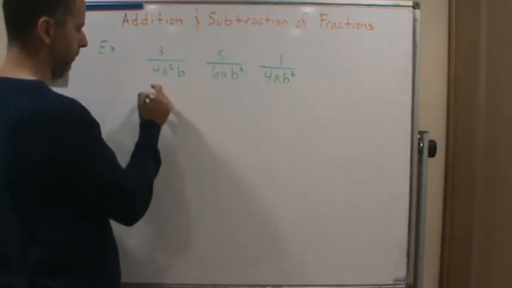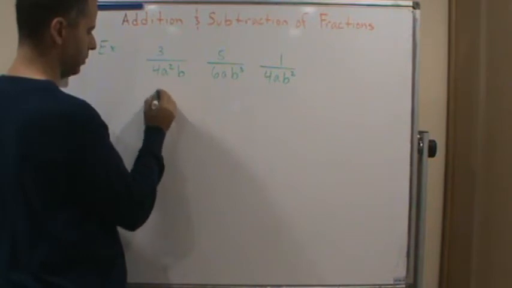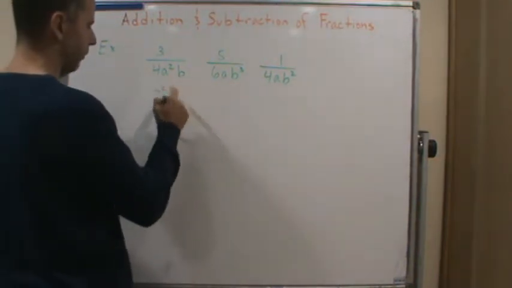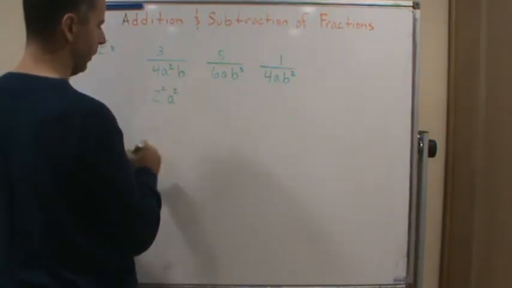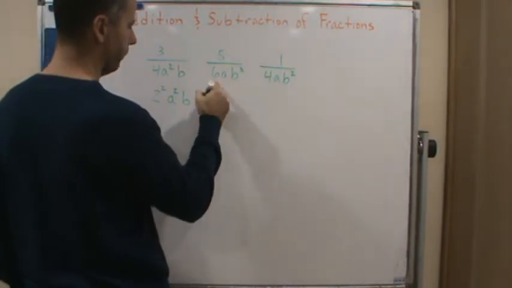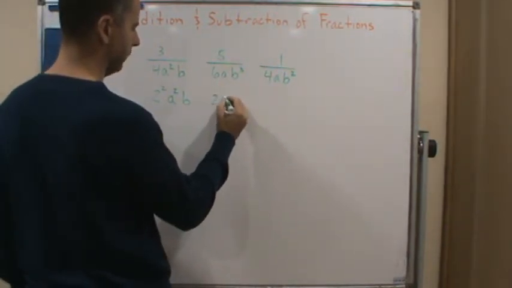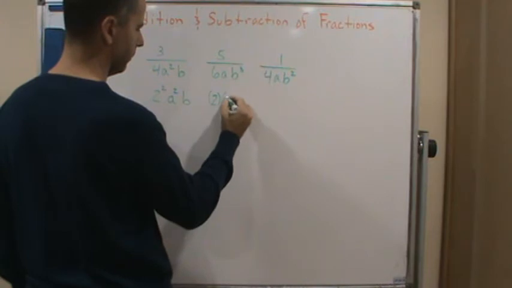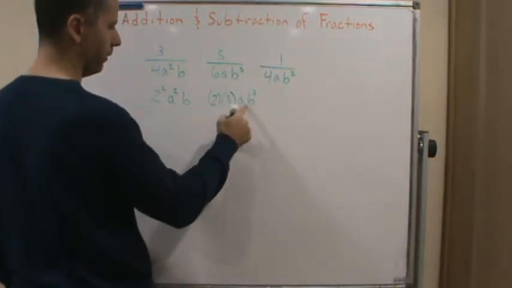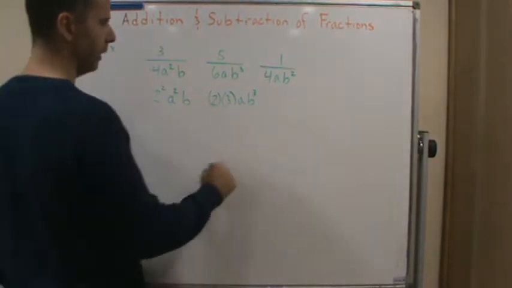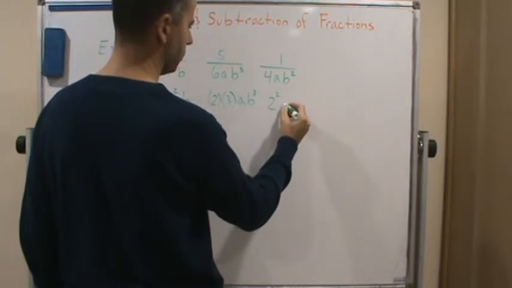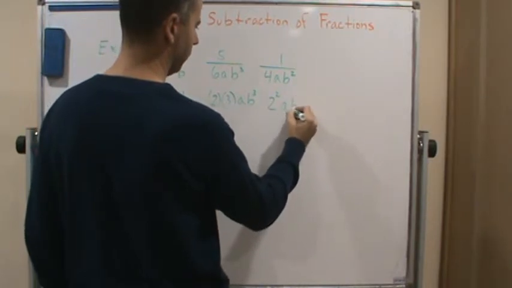So 4 we're going to write as 2 squared, A we're just going to keep as A squared and then B. This we're going to factor into 2 times 3. And then we have A times B cubed. And then 4, again, we're going to factor into 2 squared A B squared.